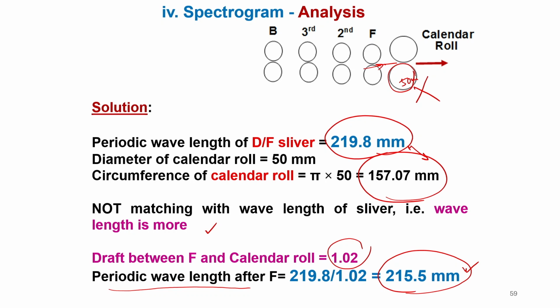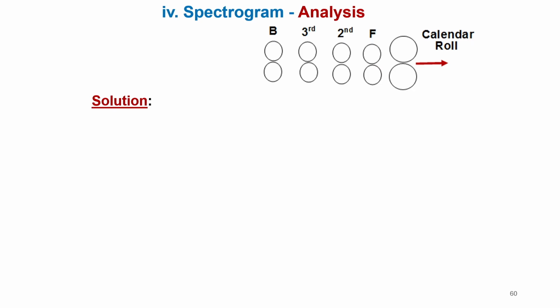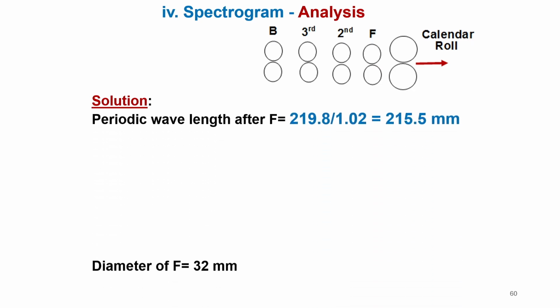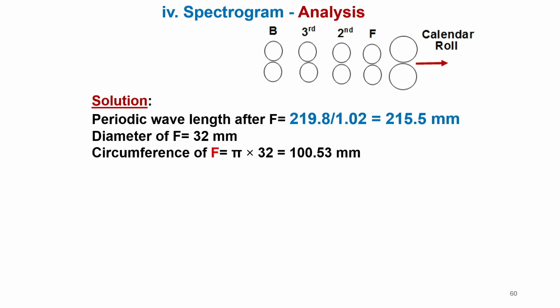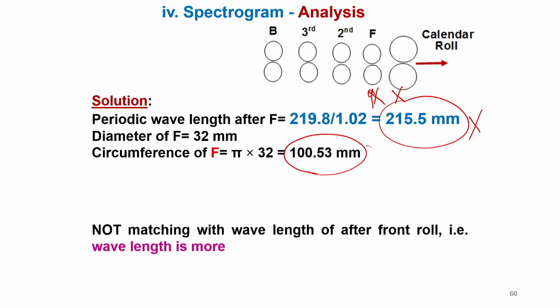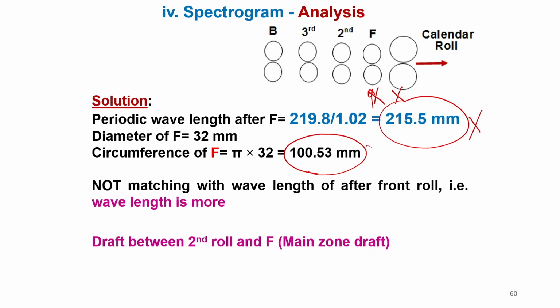Now, let us see whether the circumference of the front roller matches. The diameter of the front roller is 32 millimeter and the circumference is 100.53 millimeter, which is not matching with 215 millimeter. So, the front roller is also not the culprit generating the periodic fault.